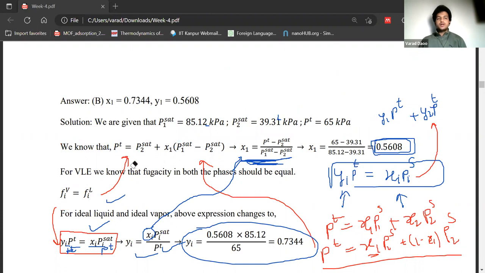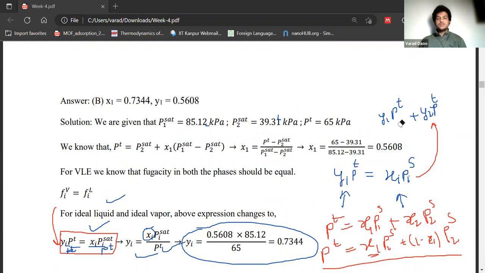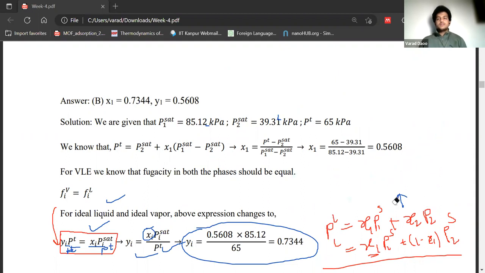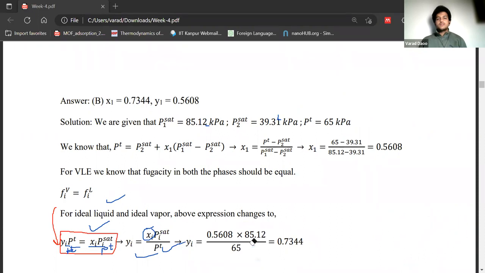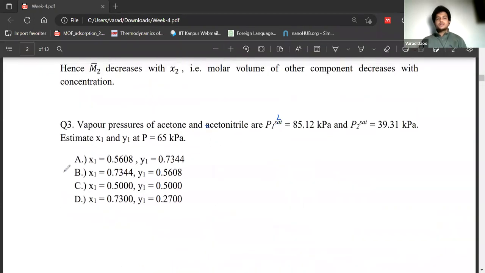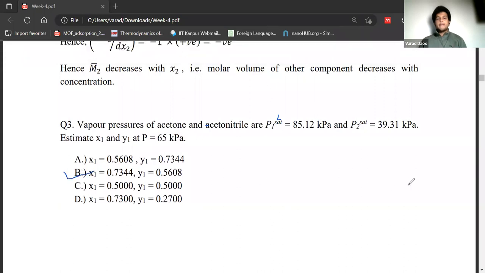Else, if anybody would like to write this down, they can write it also. Okay. Nobody has any questions. I hope the solution is clear to everyone. The correct answer is option B.